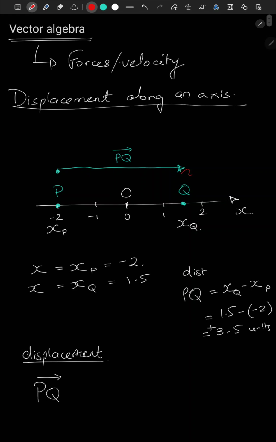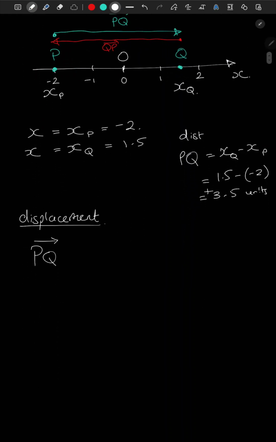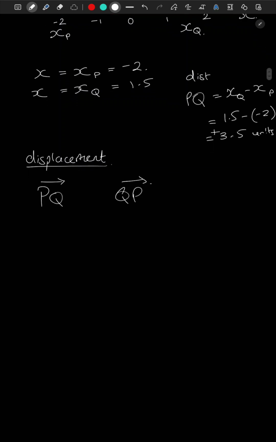And this is vector QP. From Q to P, this is QP vector. Displacement can be represented as QP or PQ. Remember that they are both different things, and they only differ by their sign. It is either positive or negative.